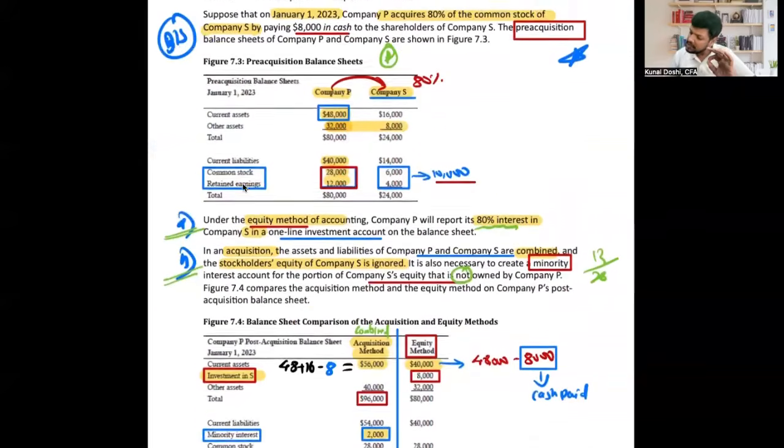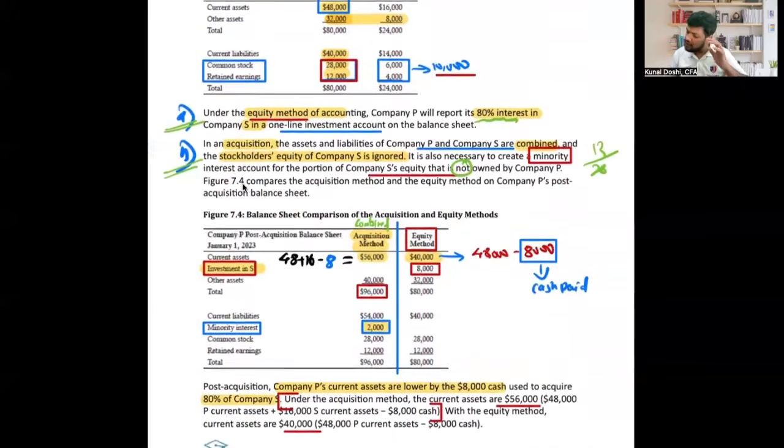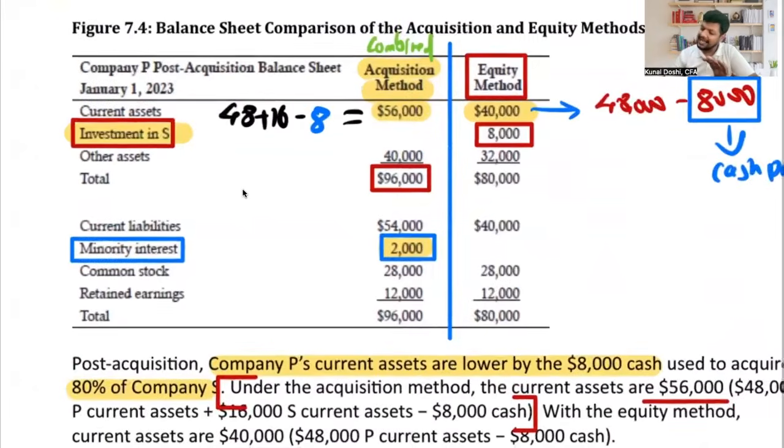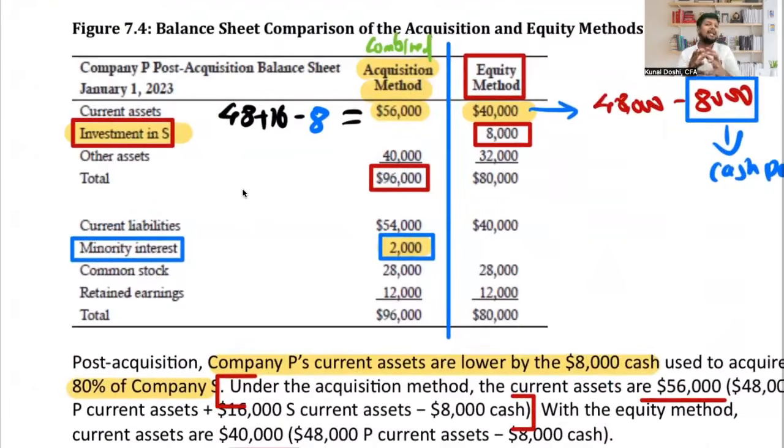Now, how does the acquisition method differ from the other method? For this, you need to check the balance sheet here. We will see the balance sheet and income statement comparisons between the acquisition method and the equity method. What do you notice? In the equity method, have we added all the numbers, current assets, current liabilities?